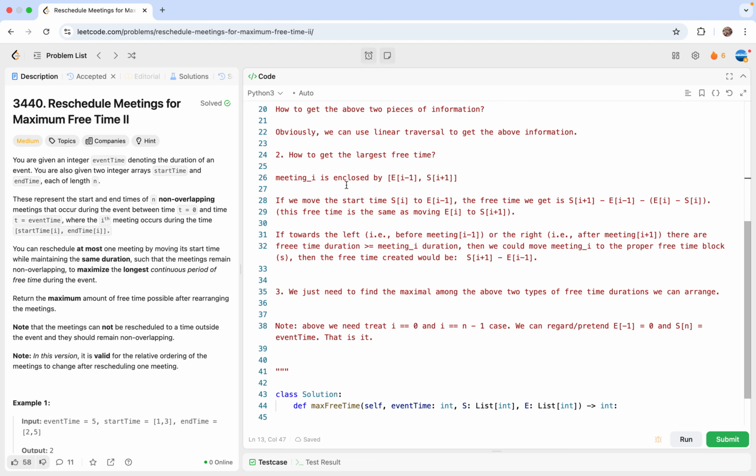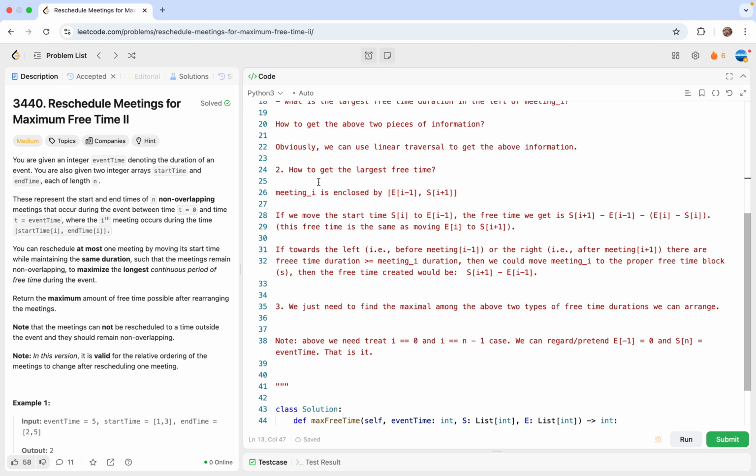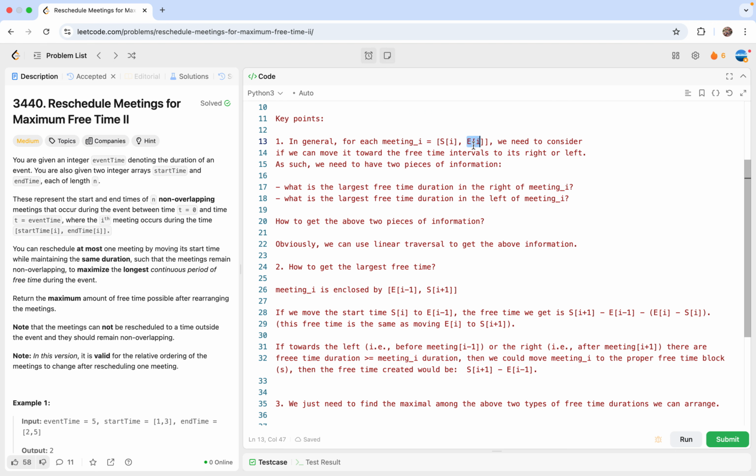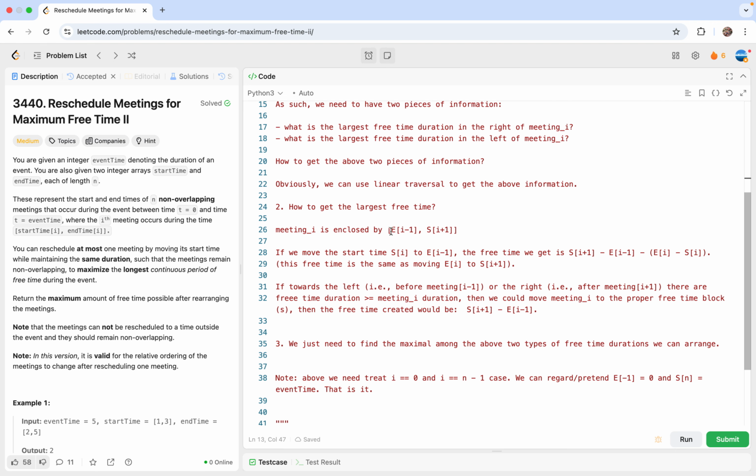The second point is how to get the largest free time. Assume that we have a meeting that is S_i and E_i, start and end. It's enclosed by the previous meeting's ending time and the next meeting's start time. If i is 0, you can interpret the previous end time as 0, and for the last meeting you're going to use the event time.